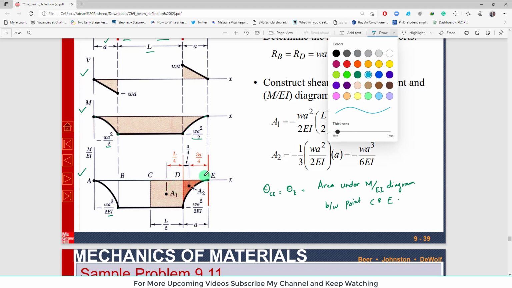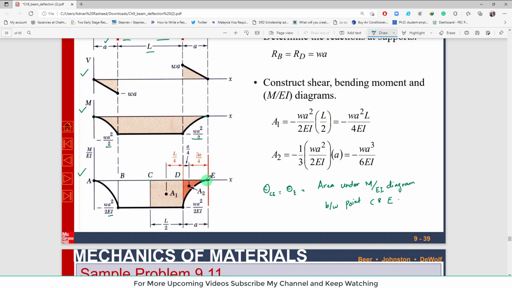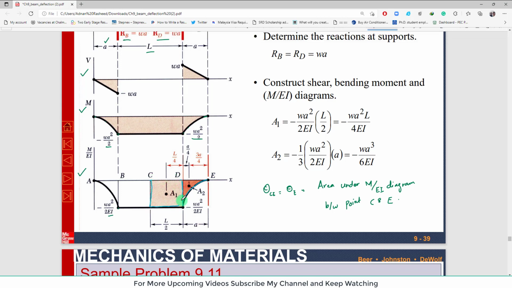So you can see here we have two areas between point C and E. One is from C to D, which is parabolic, clear, and the second one is rectangular, clear. So we have divided this into A1 and A2. A1 is rectangular and A2 is parabolic, clear.